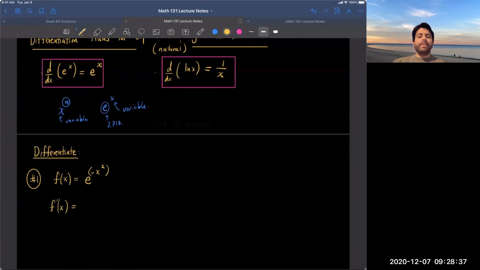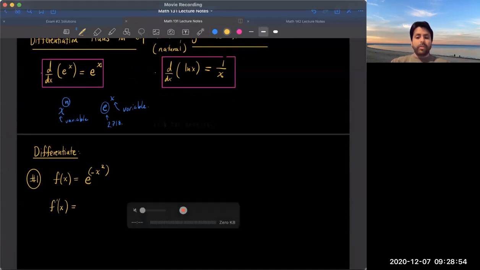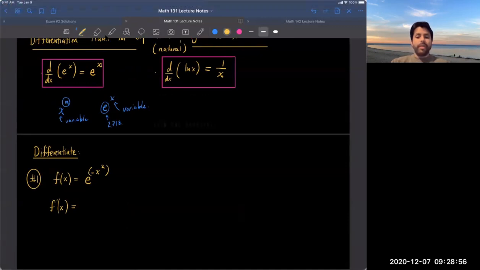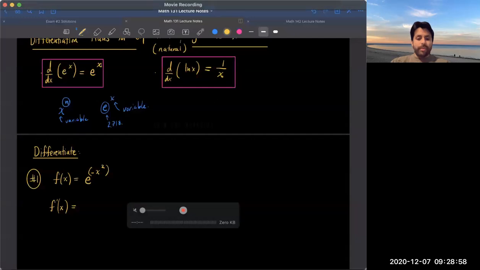How does that relate to what we have here, e to the negative x squared? This is when you have to apply the strong and powerful chain rule.